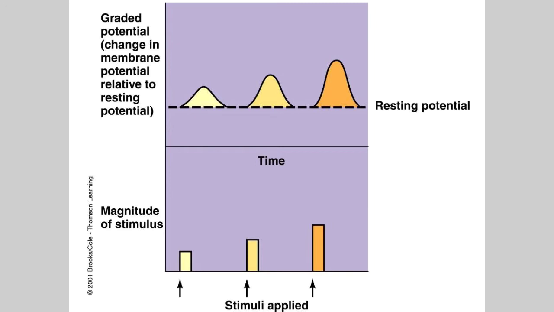If the stimulus applied is a little stronger, then above, the potential rises a little bit, more toward threshold. If it's a very strong stimulus, then our graded potential can also be even stronger. The depolarization can be even more, possibly approaching threshold, and then we'll get an action potential.